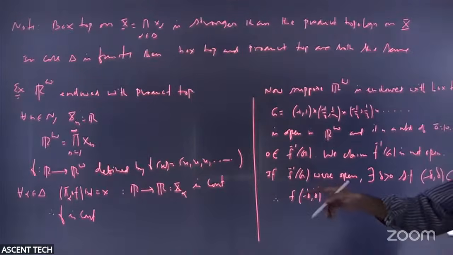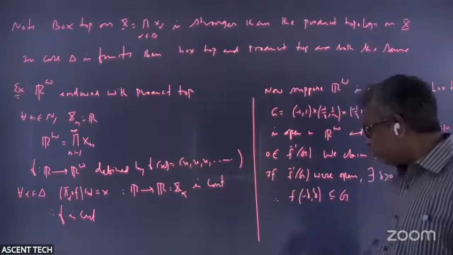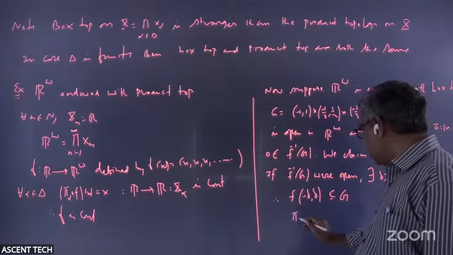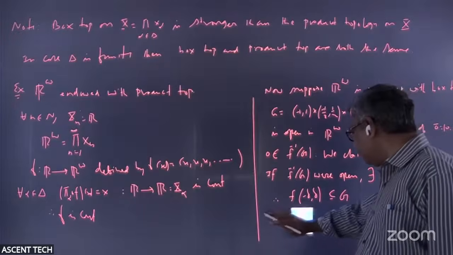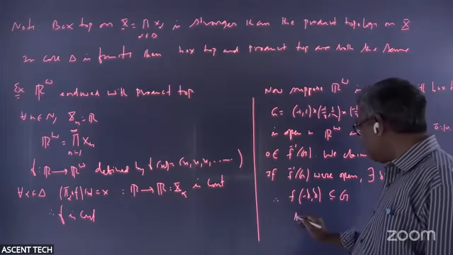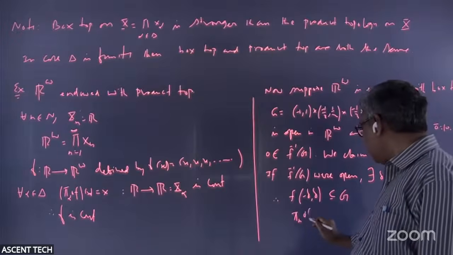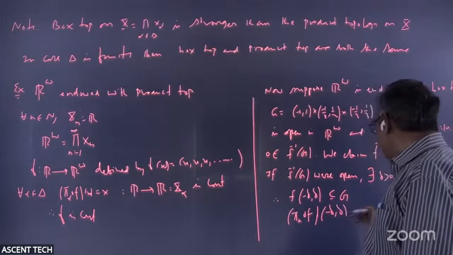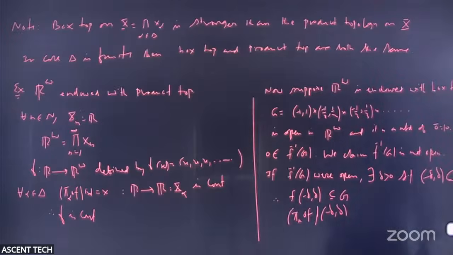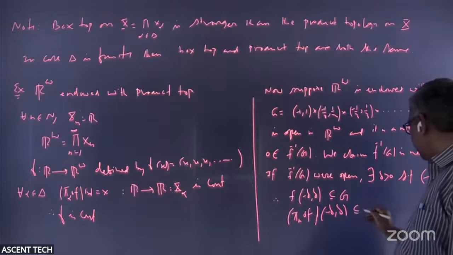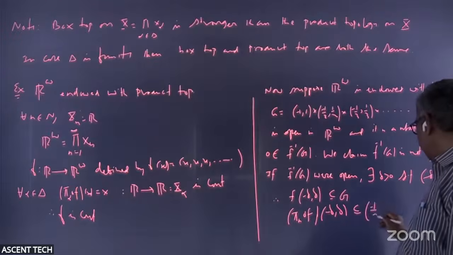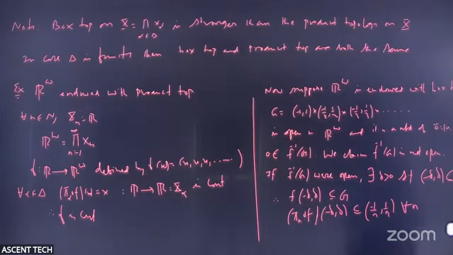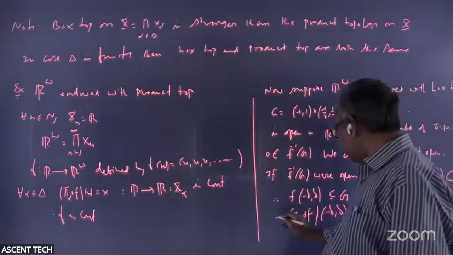What is f of that? Each element has an nth component. The nth component of f of (-delta, delta) has to be in the corresponding component of G. That means this has to be contained in (-1/n, 1/n) for all n. But this is just (-delta, delta) only.